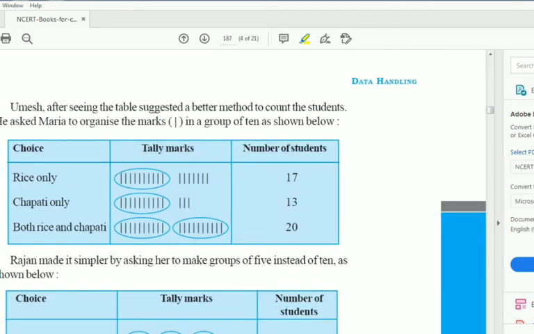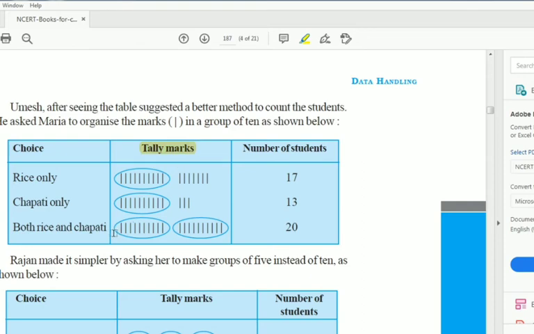Umesh, after seeing the table, suggested a better method to count the students. He asked Maria to organize the marks in groups of 10 as shown below. So look here, Umesh added one more column of tally marks.